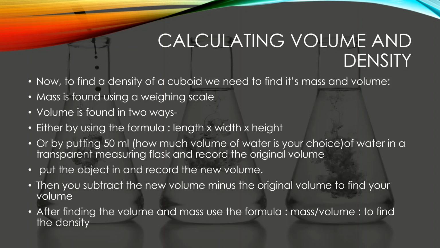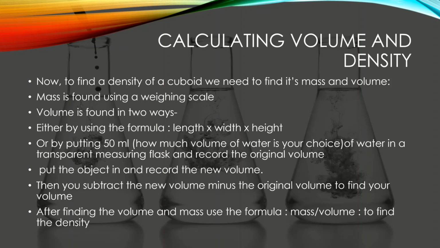Volume can be found in two ways, for a regular cuboid and for an irregular object. The volume of a regular cuboid is found using length times width times height. For an irregular object, we take 50 ml of water in a transparent measuring cylinder and record the original volume, 50 ml.